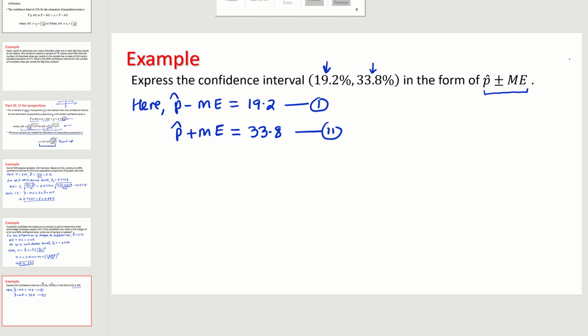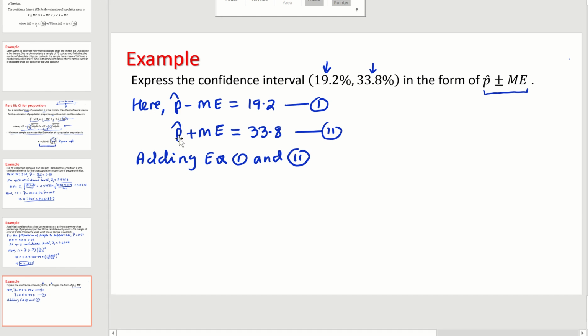So if I add these two equations, let's see what I get. Adding equation 1 and 2. I am solving by elimination method. So if I add p hat plus p hat over here, p hat plus p hat is 2p hat.